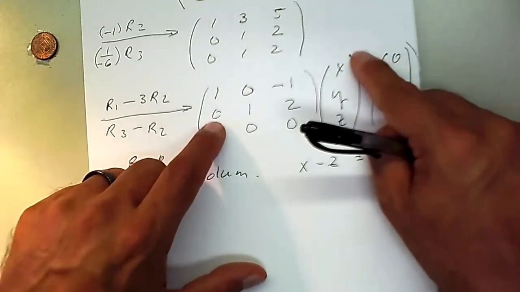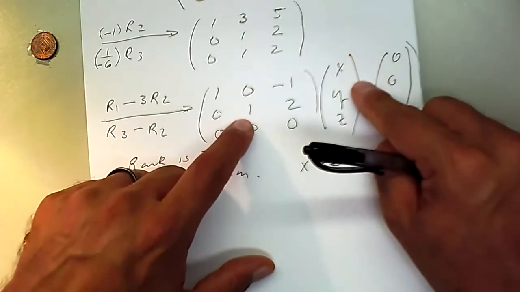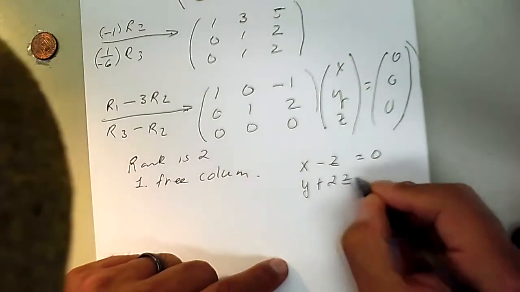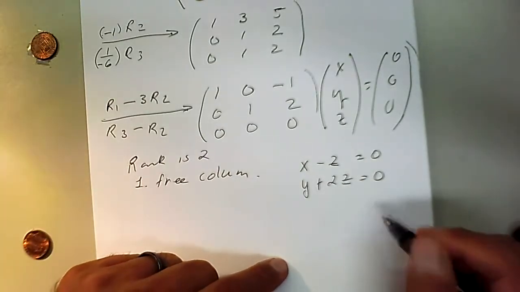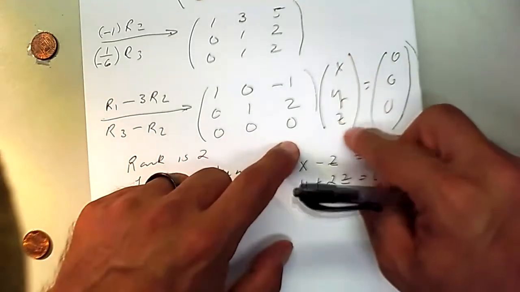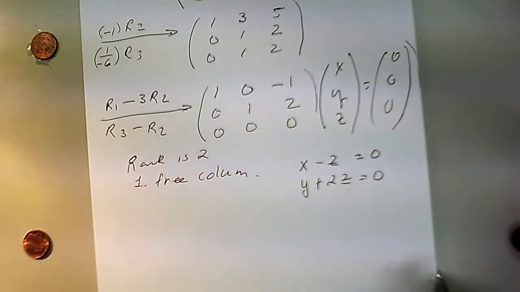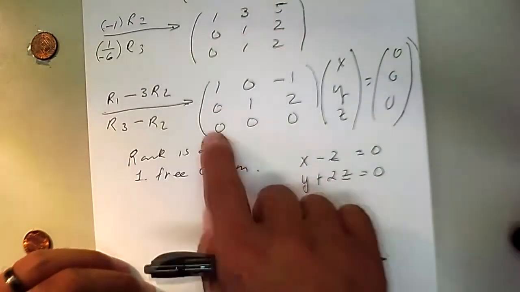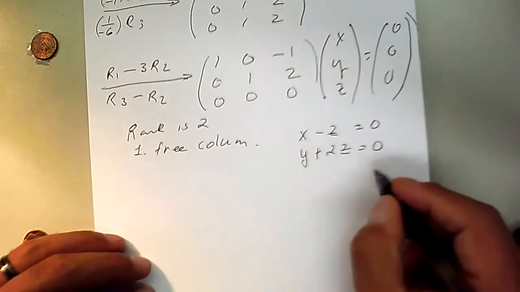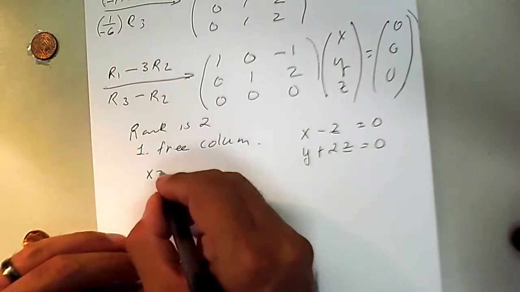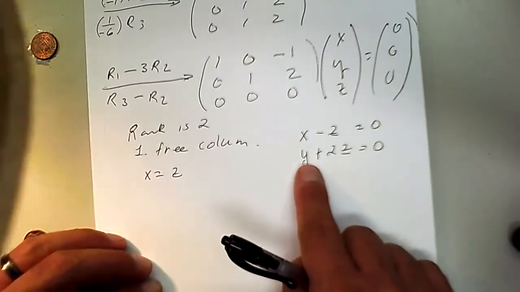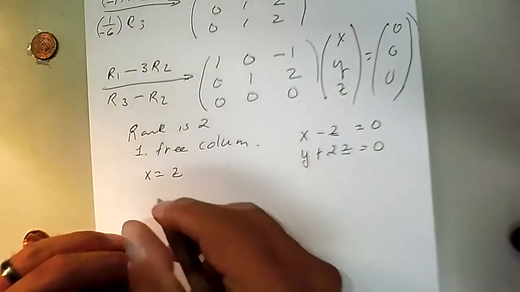And then here we have y plus 2z is equal to 0, and then 0 is equal to 0. So z can be anything it wants to be, because we're going to multiply by 0 anyhow. And so what this is telling us is that x is z and that y is negative 2z.